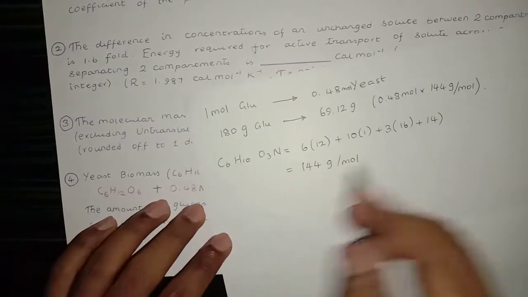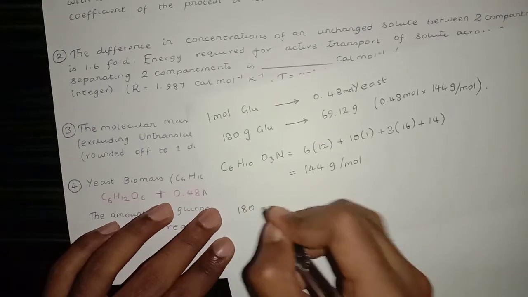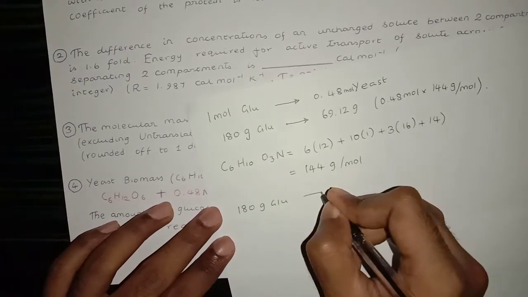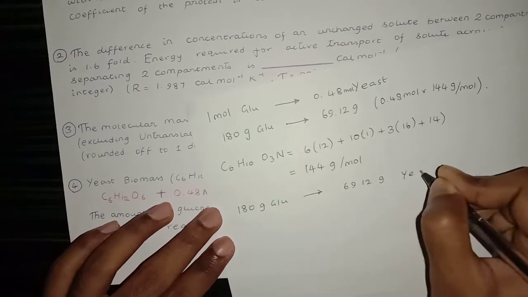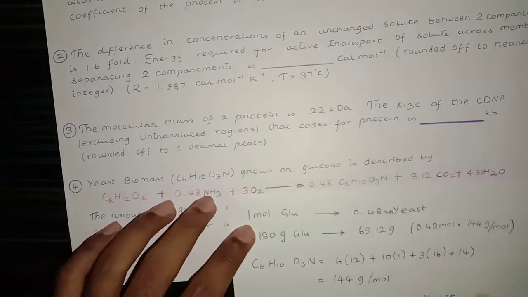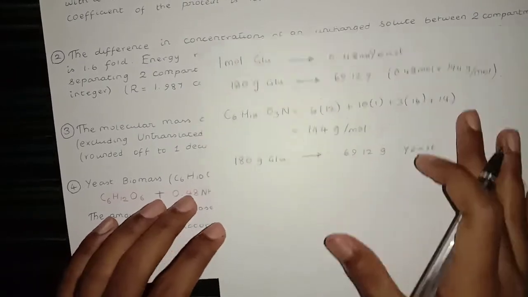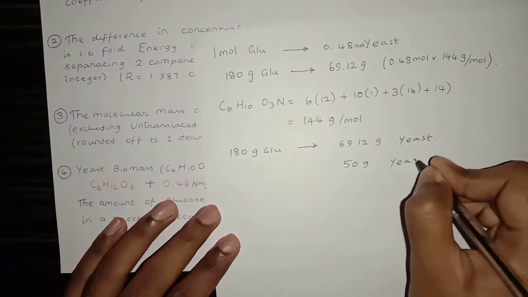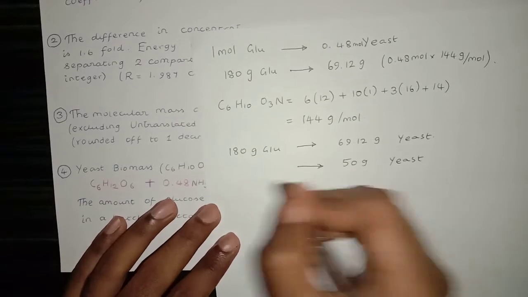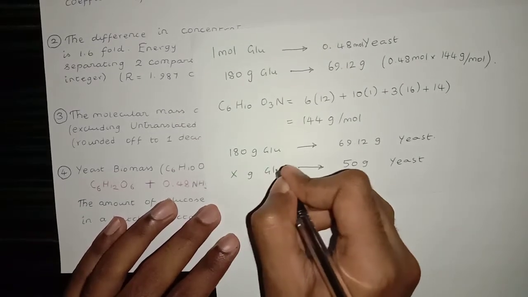So we got the expression: 180 grams of glucose will give rise to 69.12 grams of yeast, and we need to make 50 gram per liter of yeast. So to produce 50 grams of yeast, x grams of glucose is required.